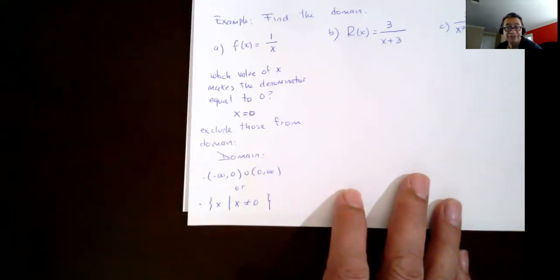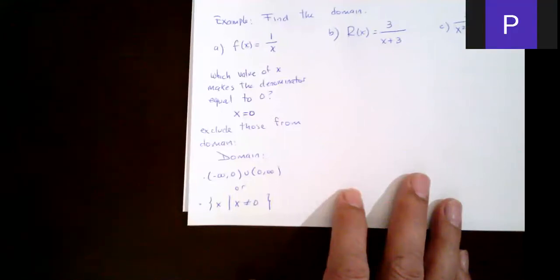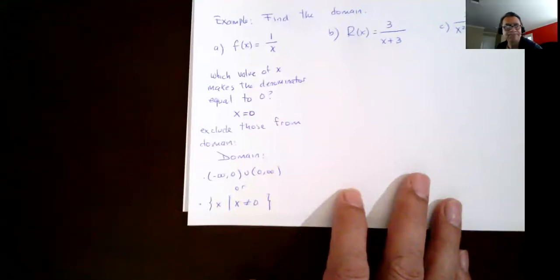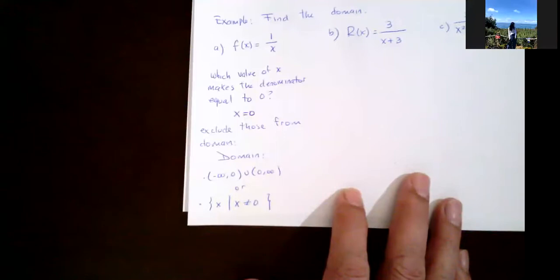That's interval notation. Or if you want to write it in another notation, which is set builder notation, that would be for all x such that x is different from 0. That would be the answer for A. Any questions so far for A? We're good? Yes. All right, pretty good.